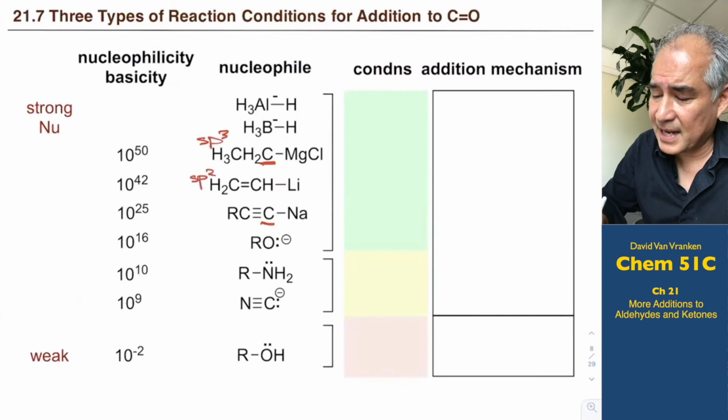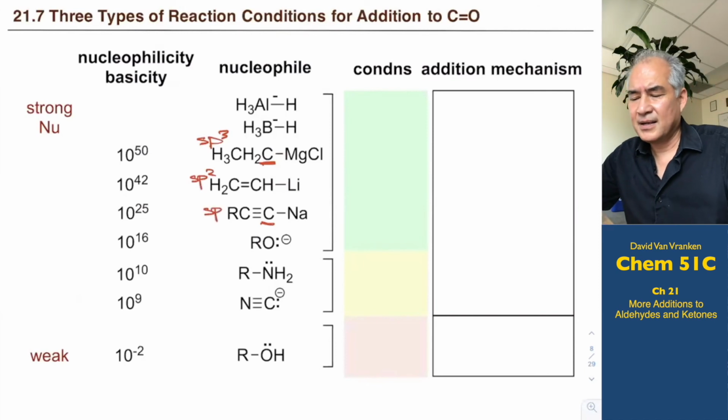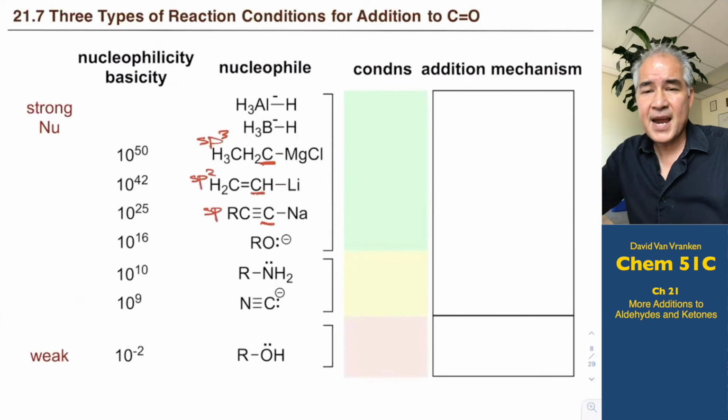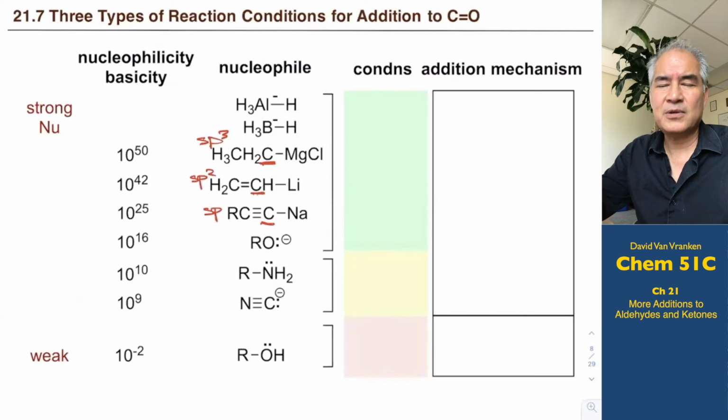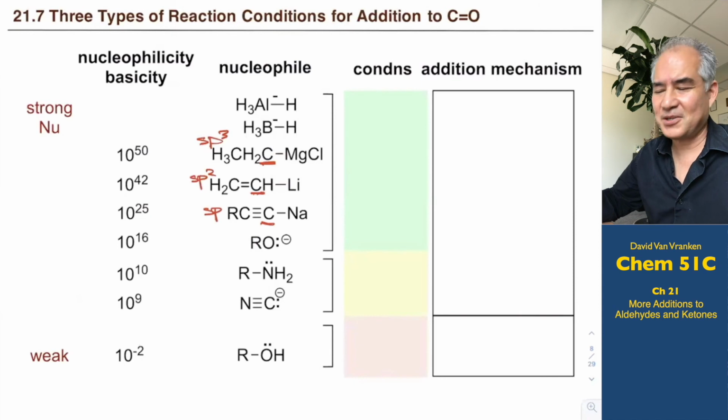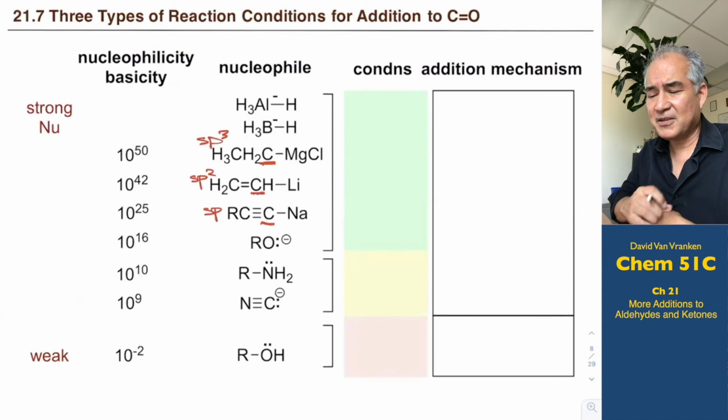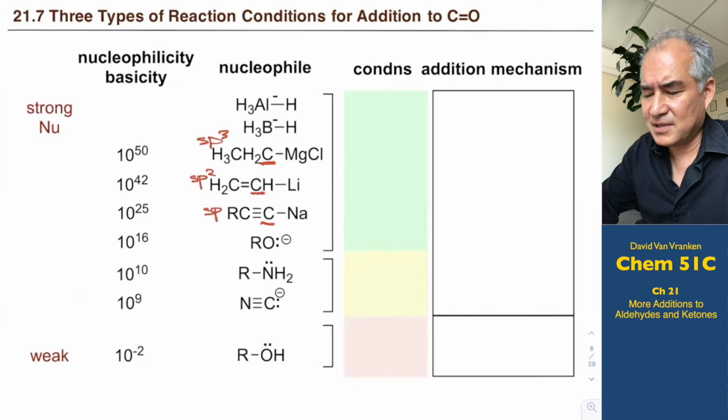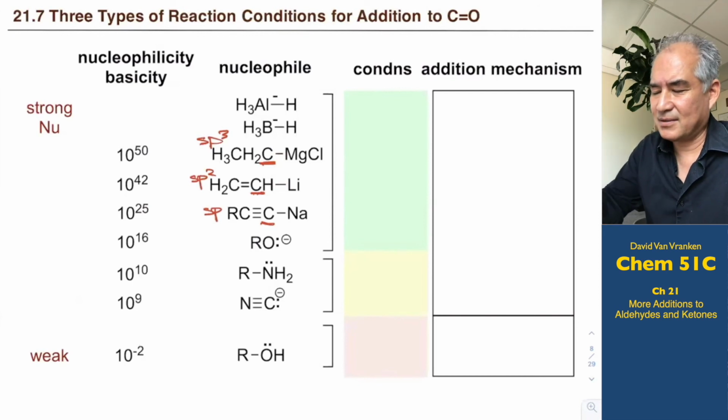And finally, when we get down here to this alkyne carbon, it's sp hybridized. That hybridization, p character, correlates with nucleophilicity. You haven't been using that information. It's been there the whole time throughout this whole course for the past 9 months, and you haven't been using it. And the differences are dramatic. So p character means more nucleophilic if everything else is equal. If it's 2 carbons attached to a metal, you look at the p character.